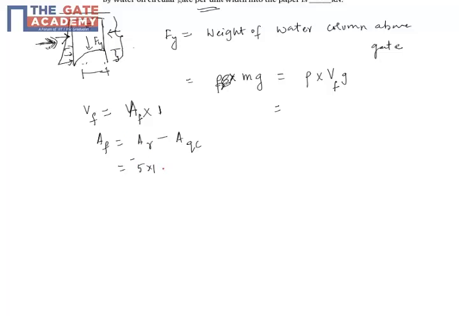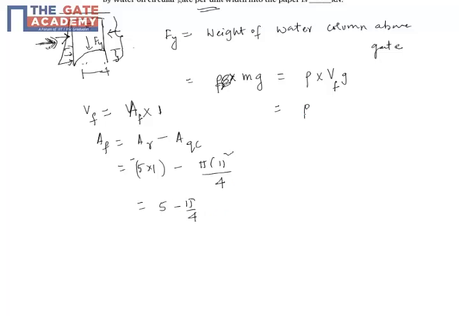So 5 into 1 is the area of the rectangle minus the quarter circle. Pi r square is the area of the circle, r is 1, but it's a quarter circle, so pi r square by 4. So this is the total area, 5 minus pi by 4, which I am writing.